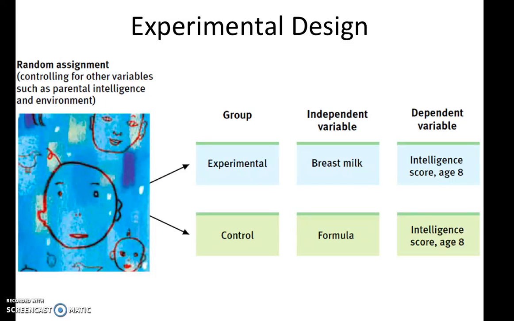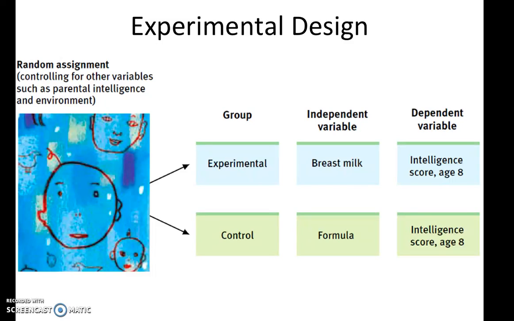Now, the independent variable is the second thing you're going to look at. The first thing you're going to look at is what are they trying to find out? And what they're trying to find out is the intelligence score of a child at age 8. That's what they're looking at and how it changes.